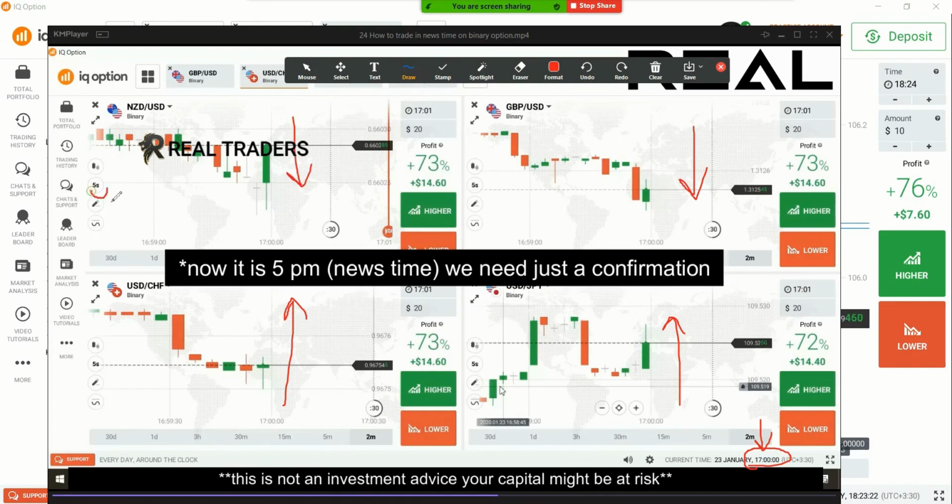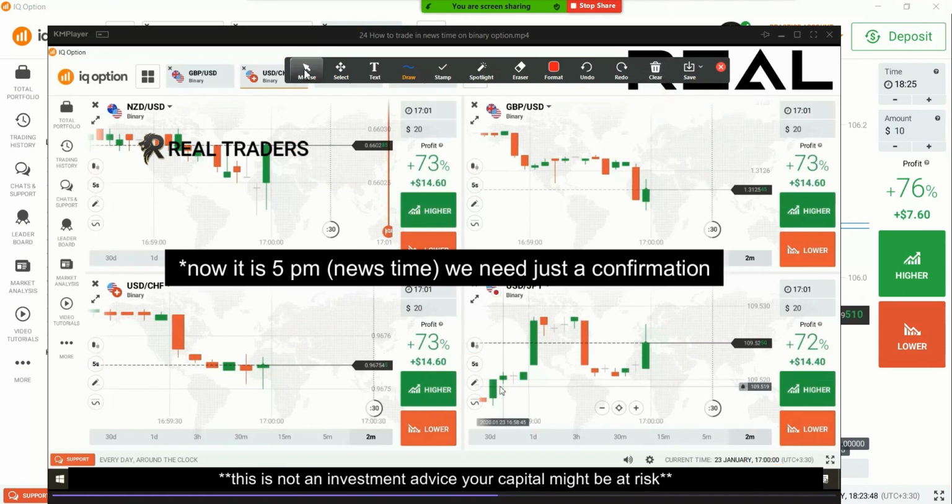So we open the 5 second chart on all of these charts, and we are waiting for what? A good 5 second confirmation. Here the price will go down, so we need a good red confirmation, but here we are expecting the price will go up, so we need a good green confirmation.